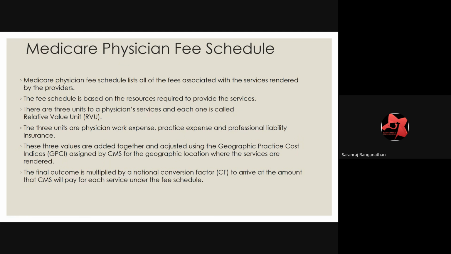These three units are called a relative value unit. The three units are physician work expense, which means the physician payment, practice expense, which means the service expense, and professional liability insurance. So based on these three units only, they are giving the chart and the list of the amount for the service.